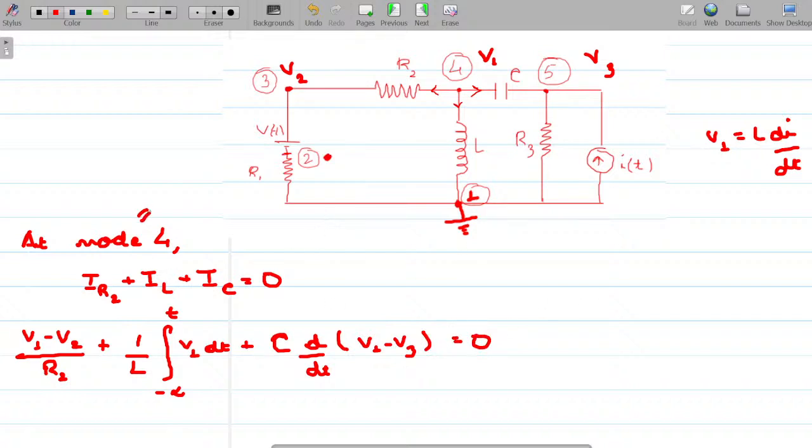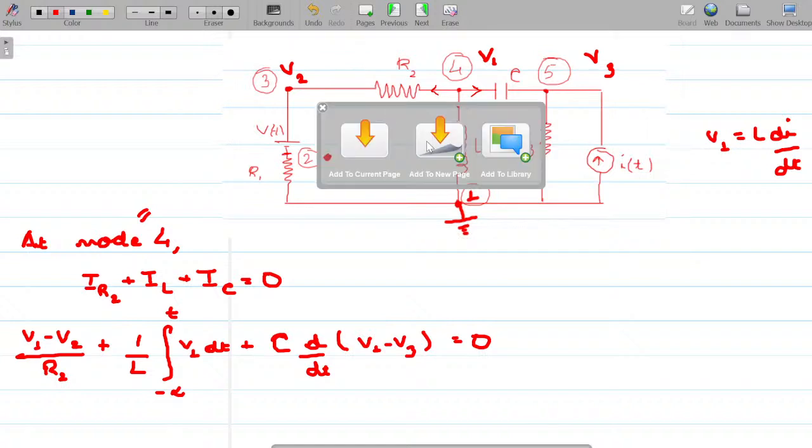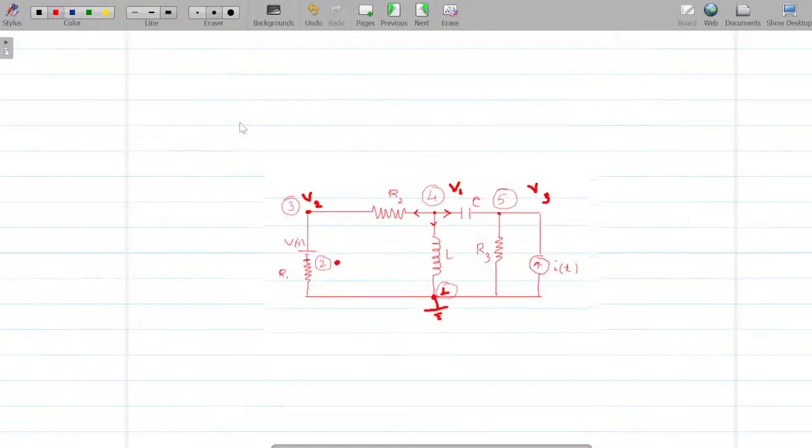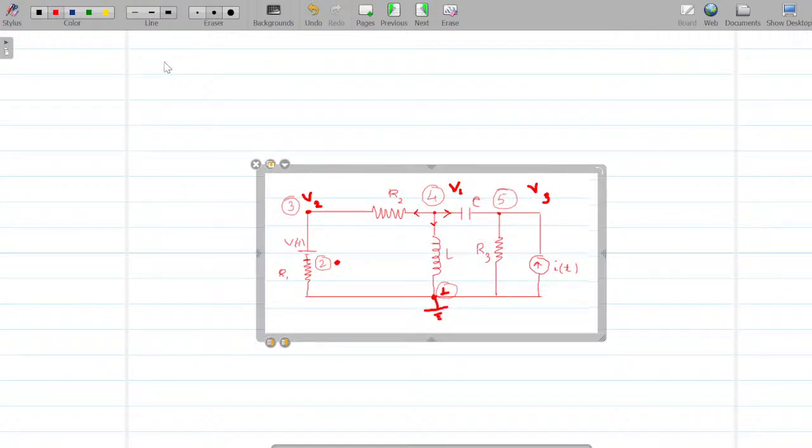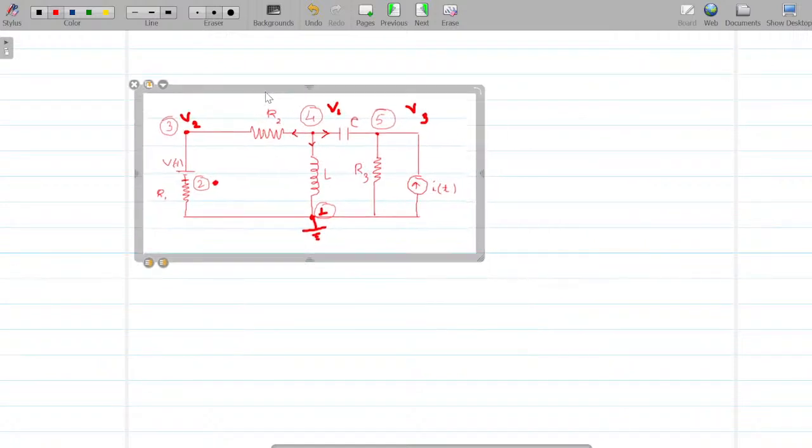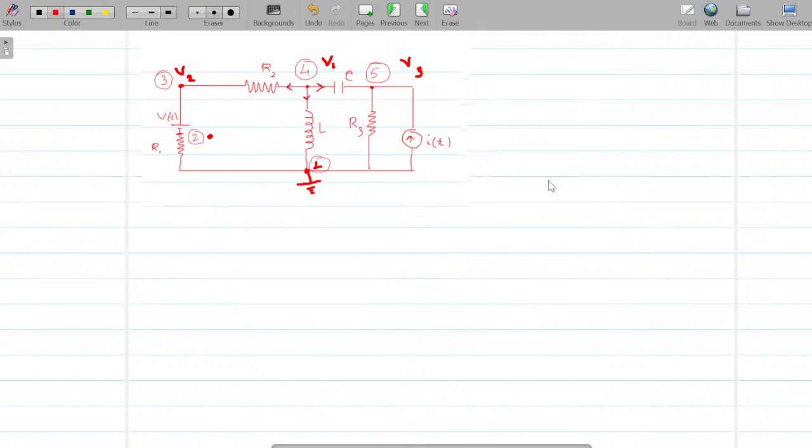Now similarly, you will find an equal representation. Okay, at node 5, tell me what would you do at node 5?